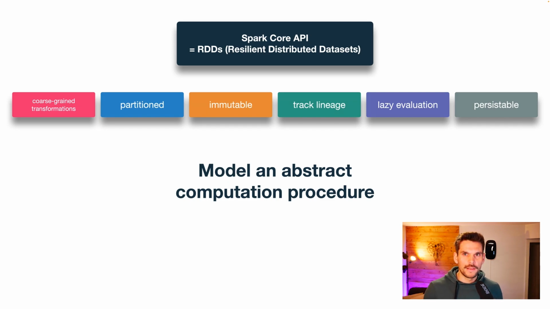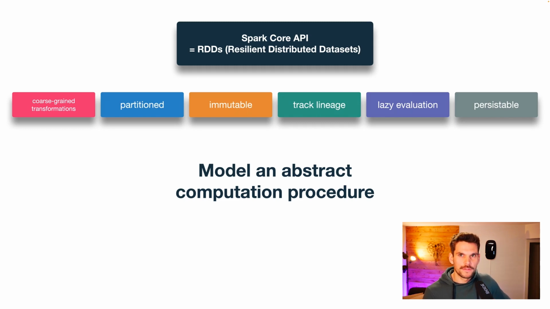Then they are lazily executed, which leads to the fact that they are more an abstract computation procedure rather than holding data, because the lineage allows us to recompute our result from any step in the chain of transformations, and they are not evaluated until we perform an action.